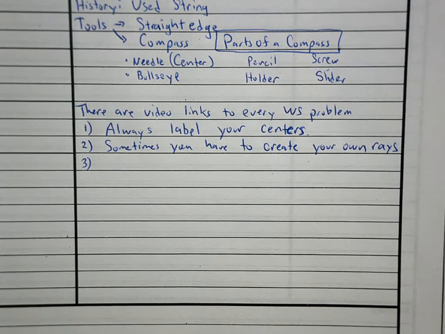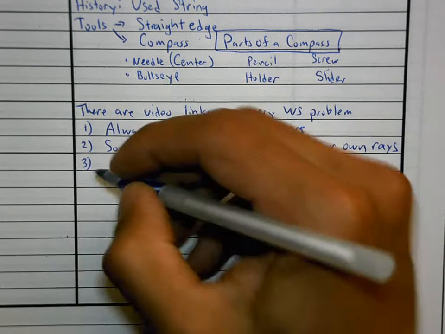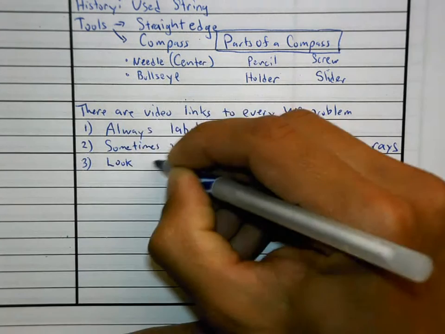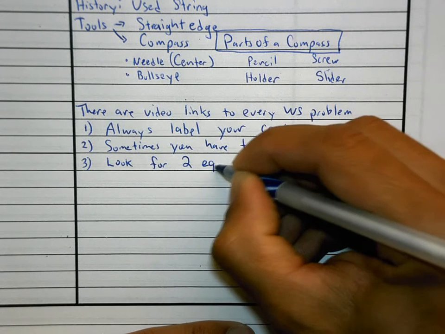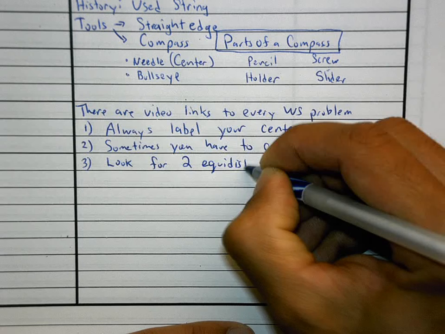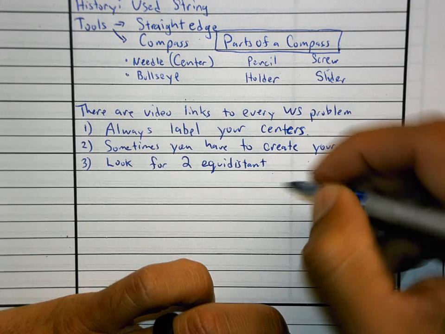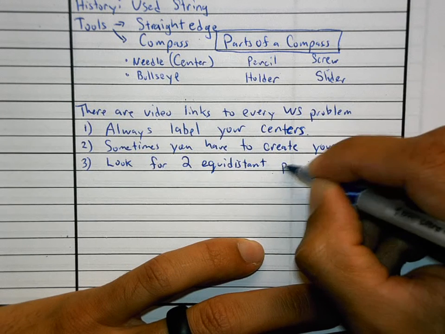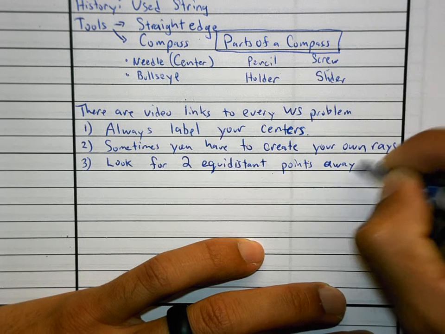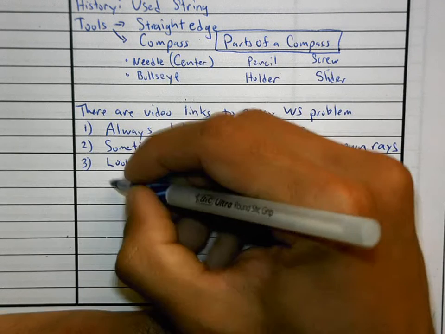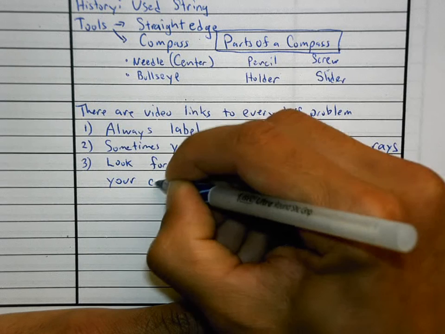Look for two equidistant points away from your center.